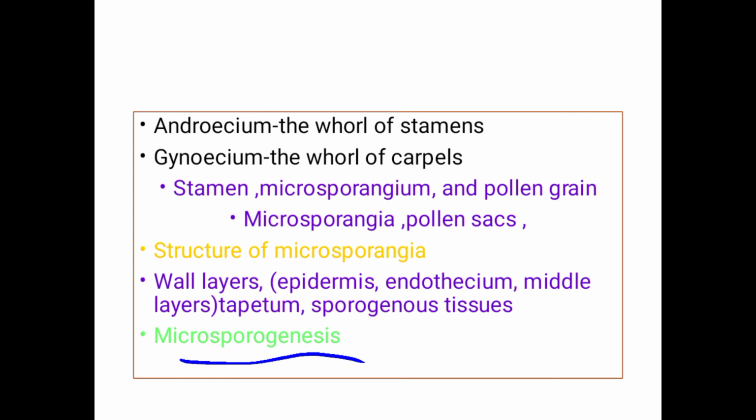Each microspore mother cell, or PMC, has the capacity to produce four cells as it undergoes meiosis. Then they are arranged in a cluster of four cells, known as microspore tetrads.